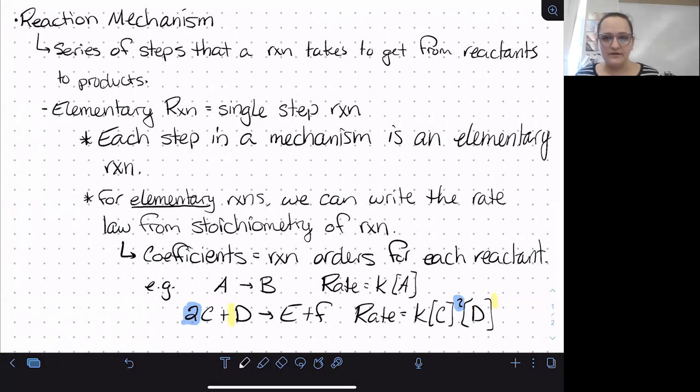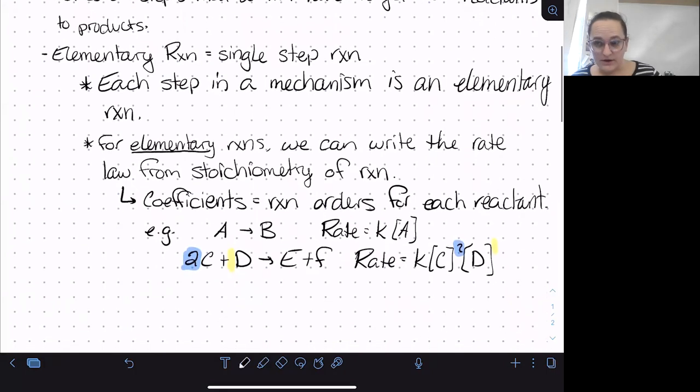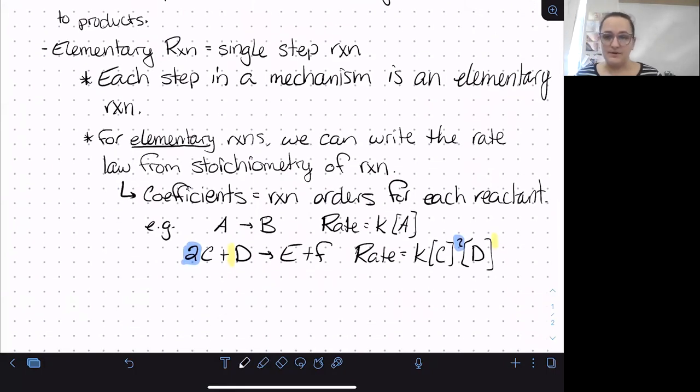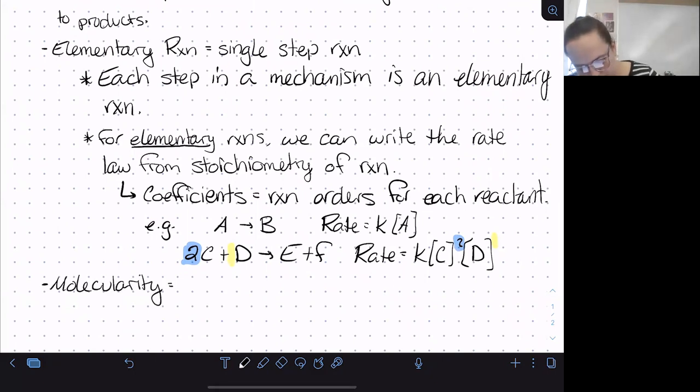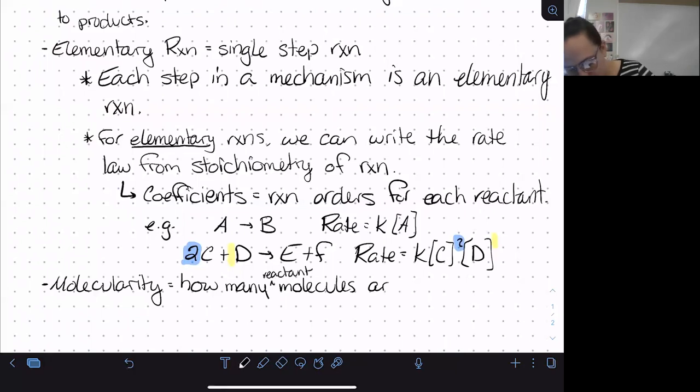One other thing to add, a piece of terminology that's often used with elementary reactions in particular and with steps in a mechanism, is a concept known as molecularity. It is just describing how many molecules, I should say reactant molecules, are involved in an elementary reaction.